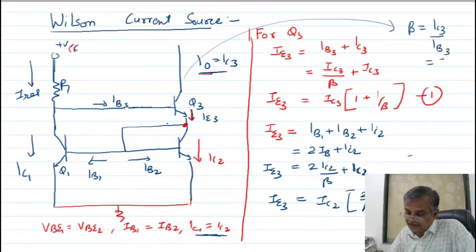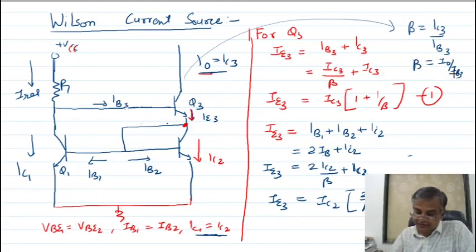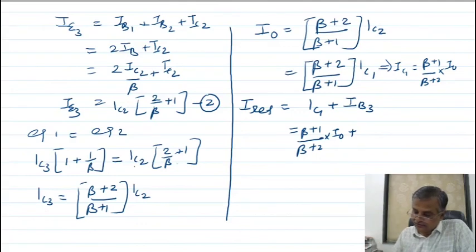The collector current is I0, so IB3 is I0 by beta.